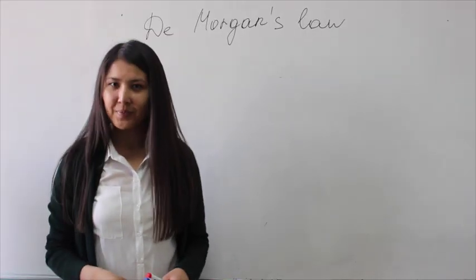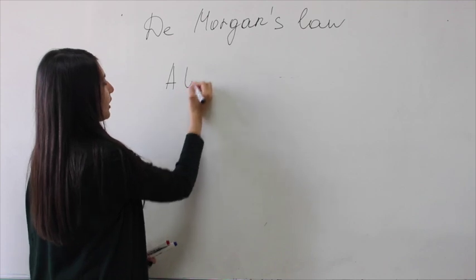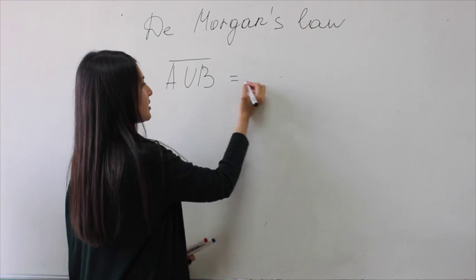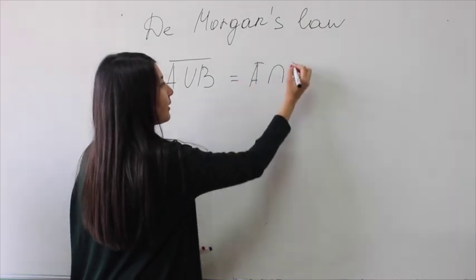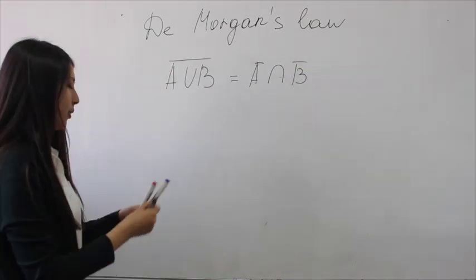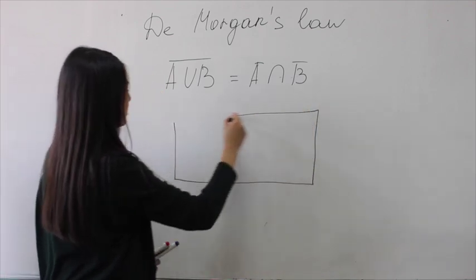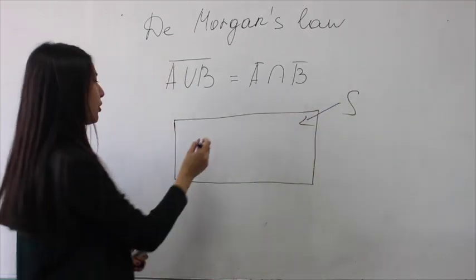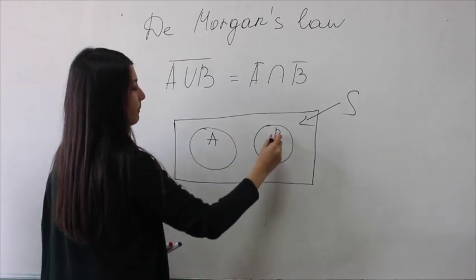Now I would like to stop for a moment and discuss De Morgan's law. De Morgan's law states that the complement of A union B is equivalent to the intersection of A complement with B complement. Let's try to prove that using Venn diagrams. Suppose that this rectangle is our sample space S, and these two circles are our events A and B respectively.